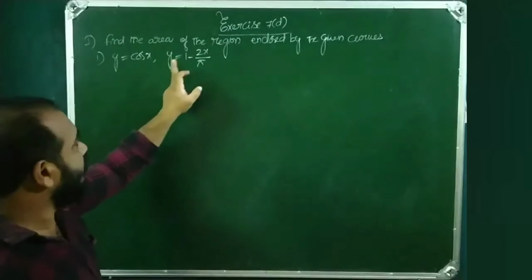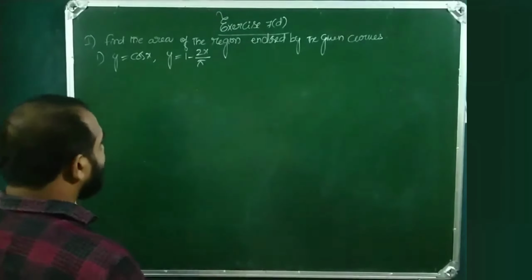y equals cos x, and y equals 1 minus 2x by pi.